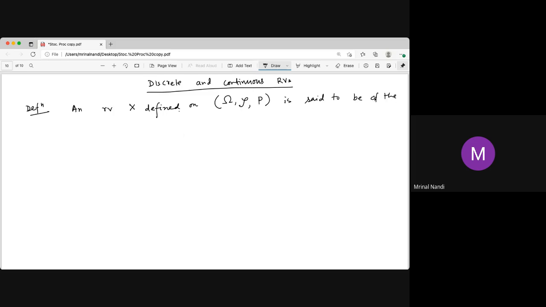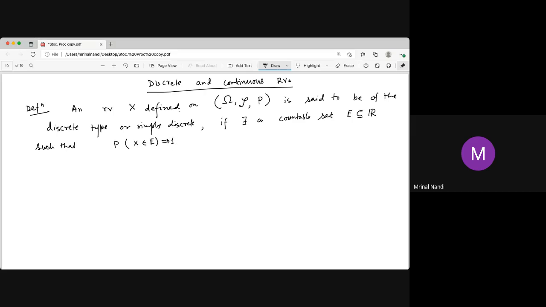of the discrete type. We will call this discrete type, or simply discrete. A discrete random variable is a discrete type random variable if there exists a countable set E, a subset of the real numbers, such that the probability that the random variable lies in this countable set is one.